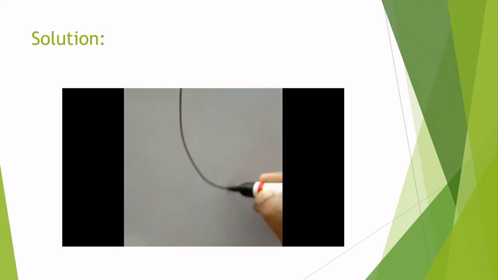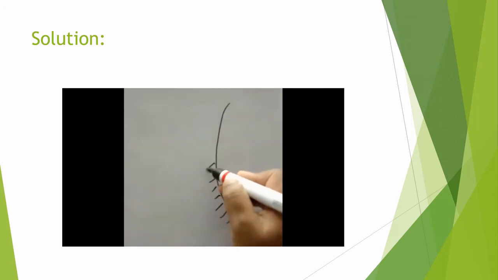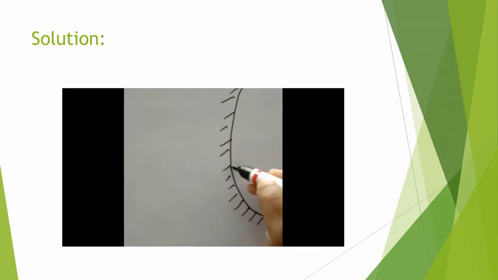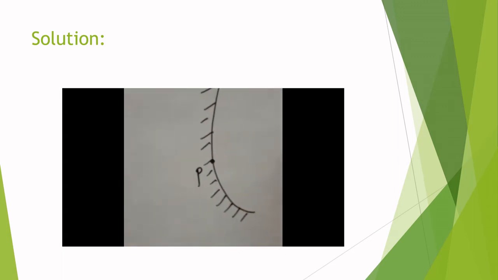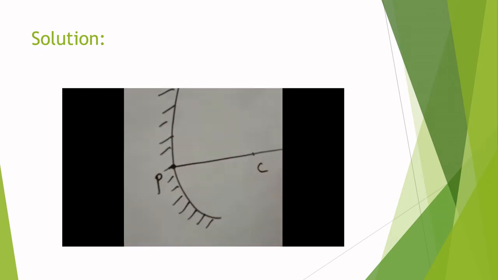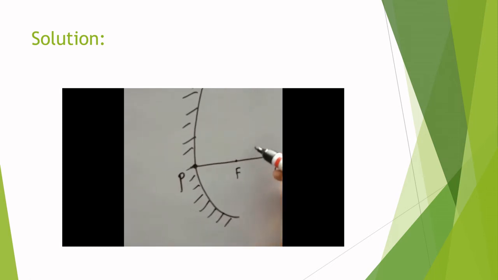Draw a ray diagram of a concave mirror like this. Show the pole of the mirror with P and center of curvature with C. Join P and C with the principal axis. Show the focus with capital F and show the object O dash.